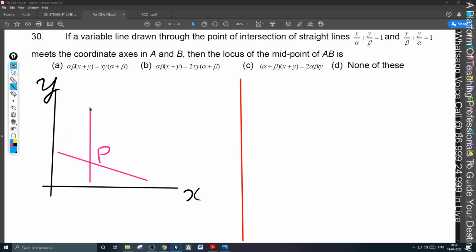The variable line is passing through this in this way. This is a variable line. How many such lines will be there? Many will be there.